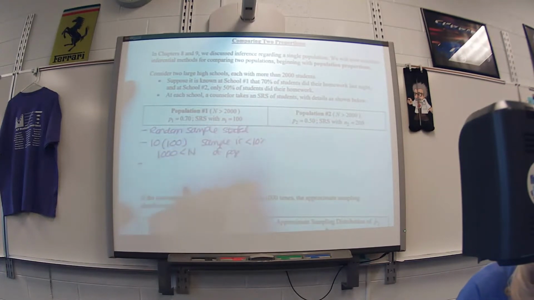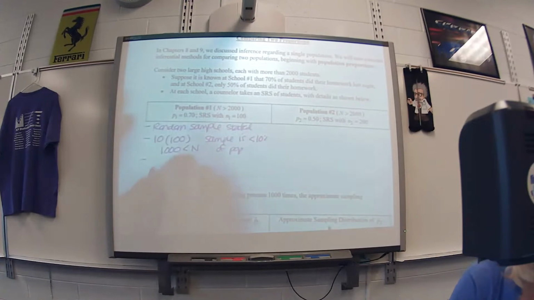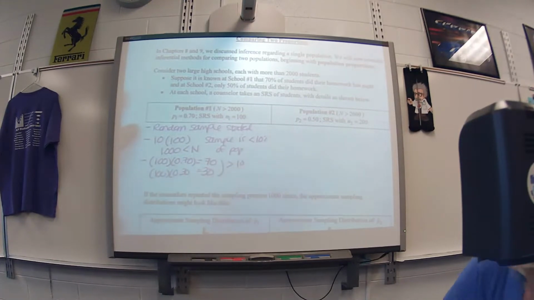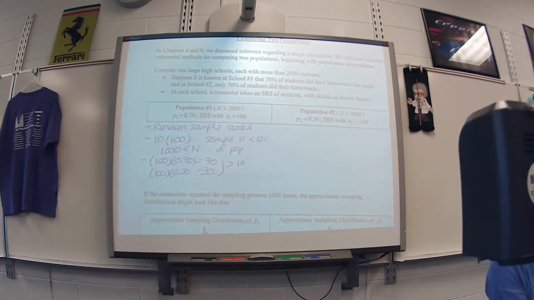Got it. Normal, n times p. My n size was 100 here, and my p is 70%. So that's going to give me a 70 versus 30. And that's greater than 10 for both. And remember, it could be greater than 5 depending on some different textbooks and different websites.